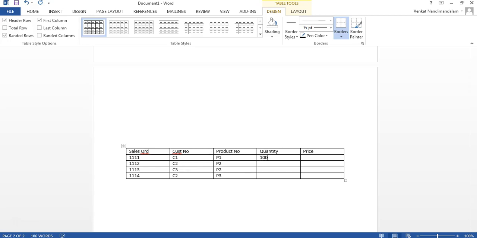I've sold quantity 100 here, quantity 80, quantity 70, and then quantity 30. Then the price is 3,500, and then 2.5k, 1,700k, 1,250k. So let's say this is my sales table that I have in the database.